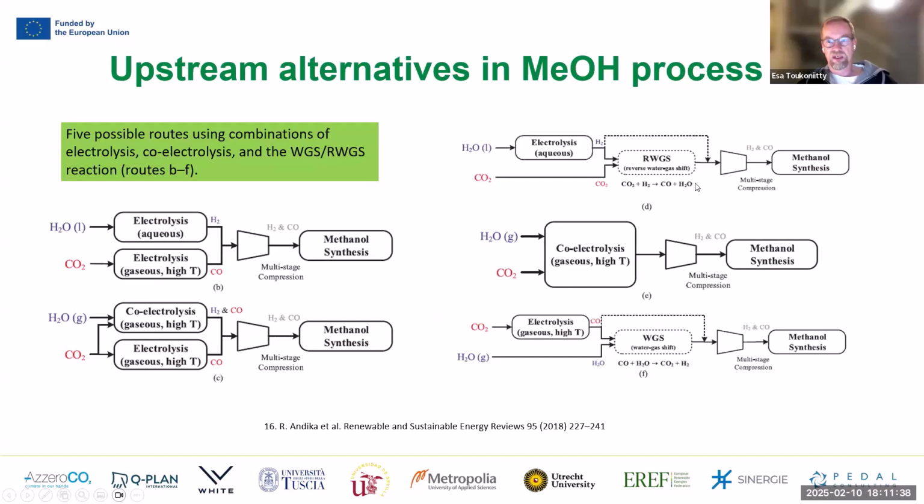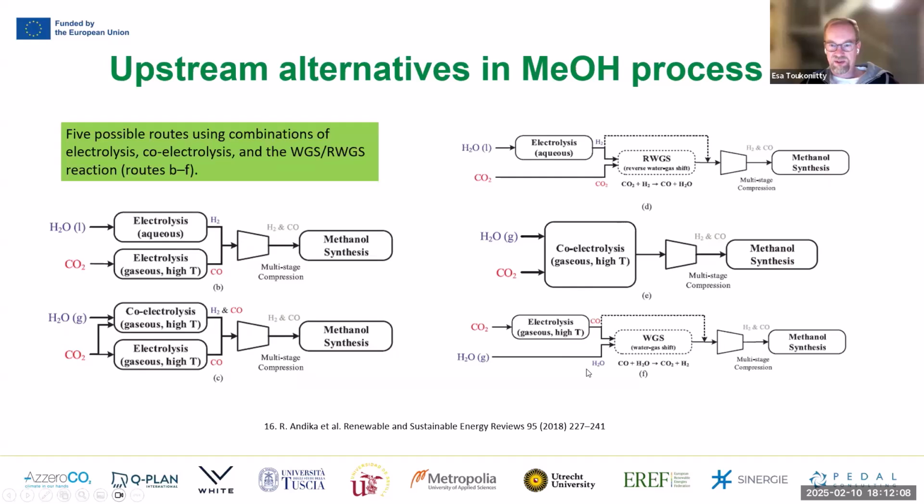So then here is the third alternative, electrolysis making water, carbon monoxide fed separately to this water gas shift reaction, and those products end up in the methanol synthesis. Or there is just a co-electrolysis and can make methanol from those ingredients as well.